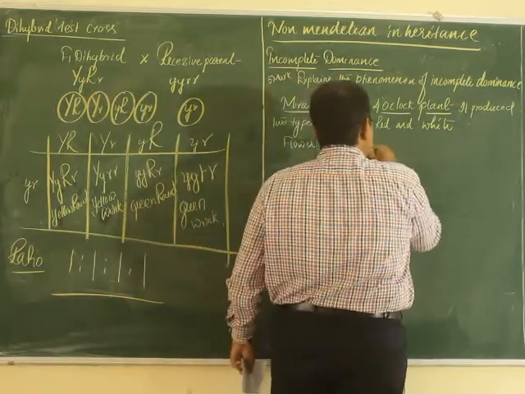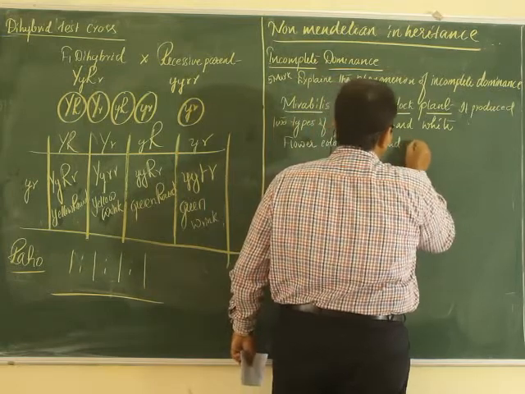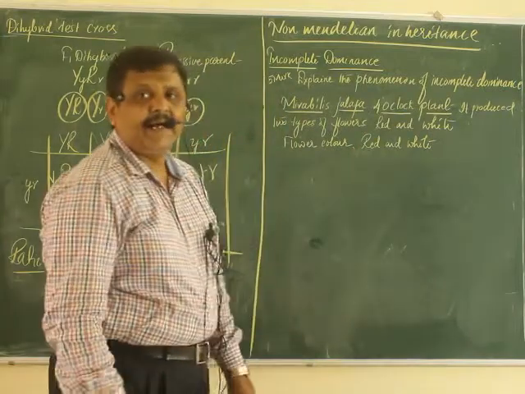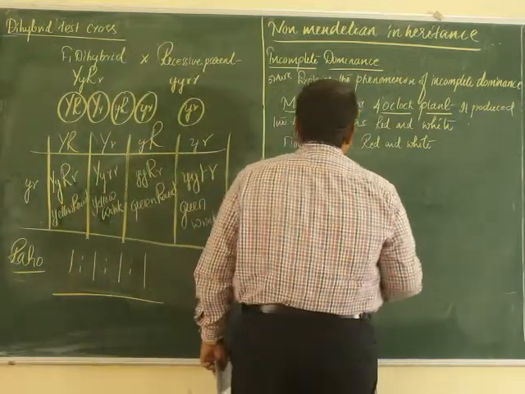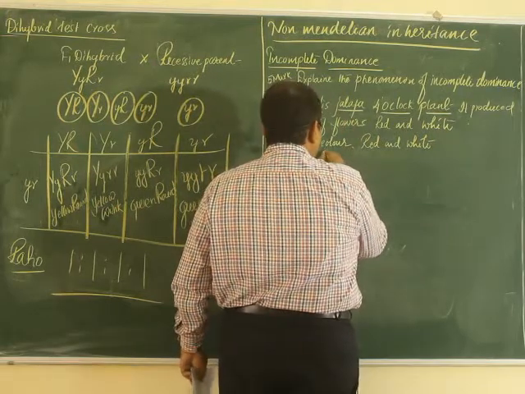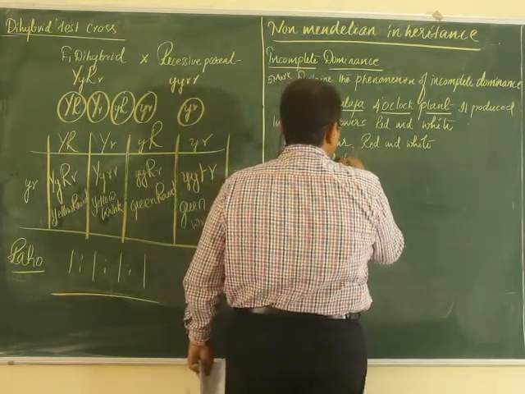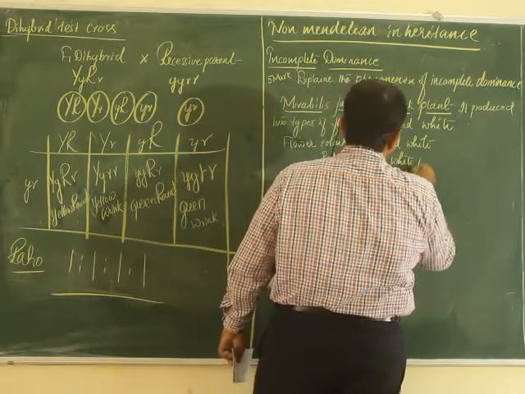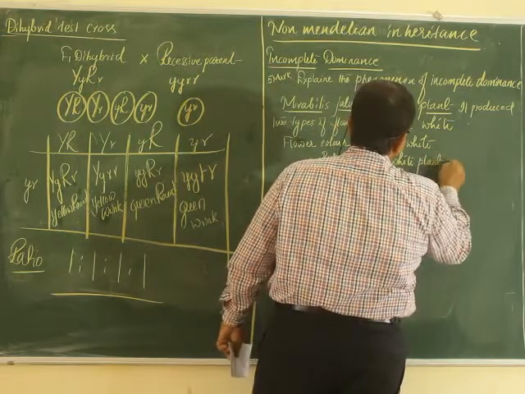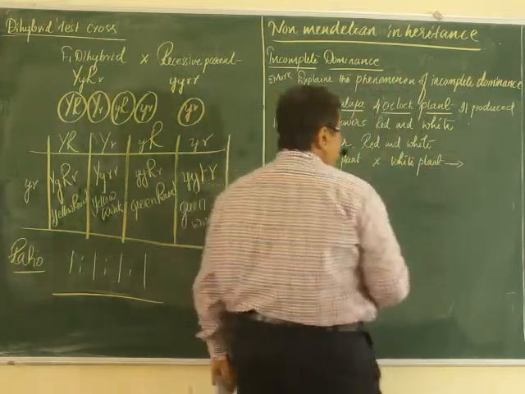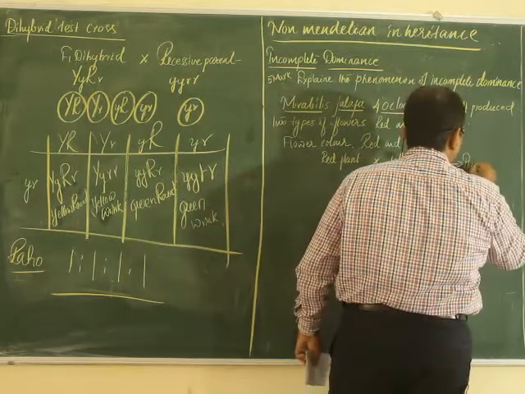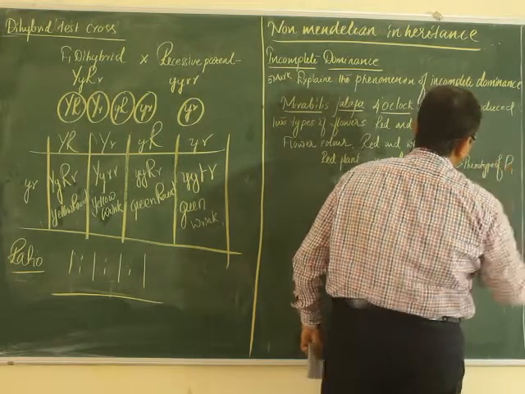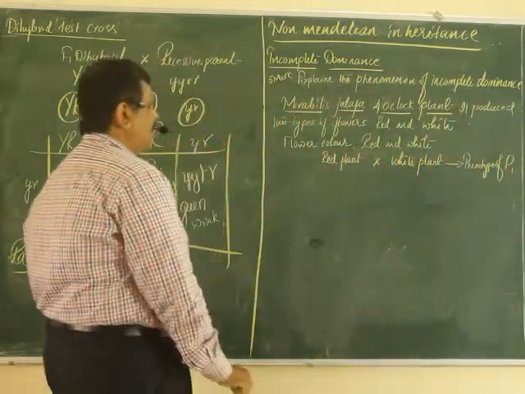They observed two types: one is red and another one is white. So flower color was red and white. They took a pure red plant crossed with a white plant of Mirabilis jalapa, and this is the phenotype of P1.